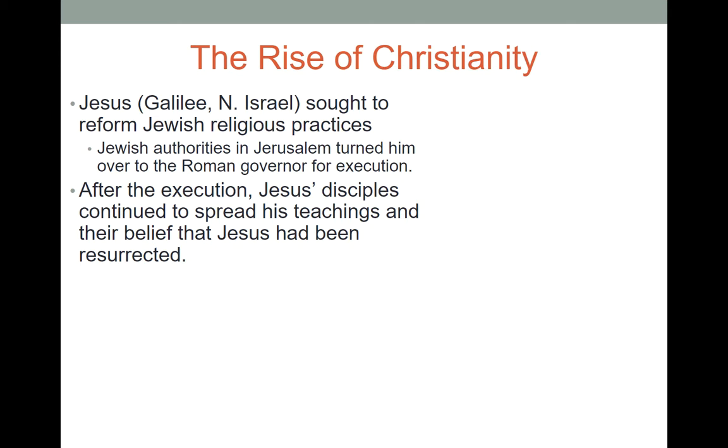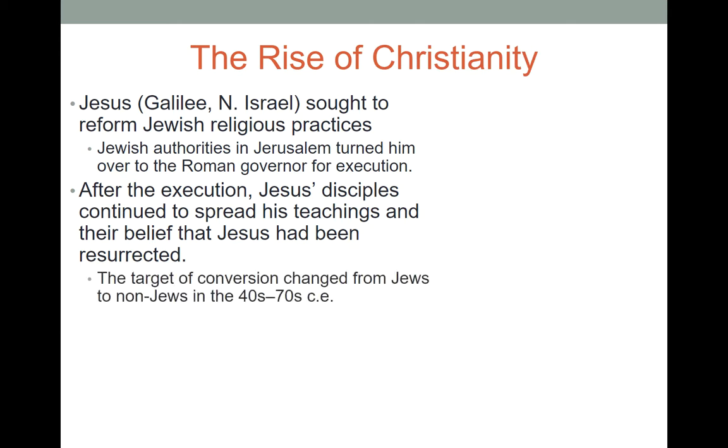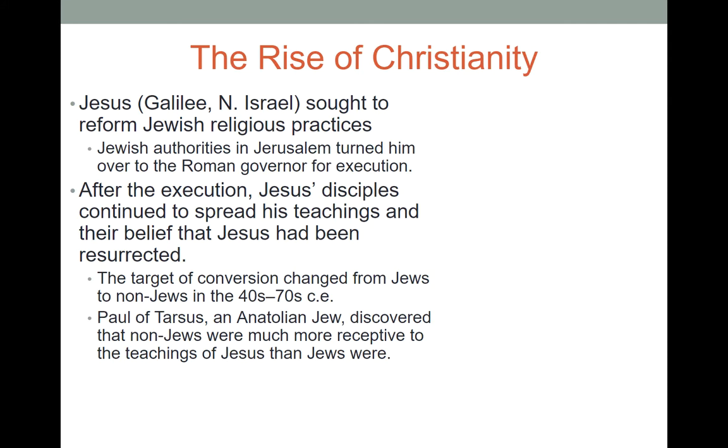Early Christians had to organize a new church after the death of Jesus. And in 38 CE, a very wealthy and educated disciple named Paul from Tarsus converted and began trying to convert others to follow the teachings of Jesus. And what Paul found was that non-Jews were much more receptive to the teachings of Jesus than Jews were.